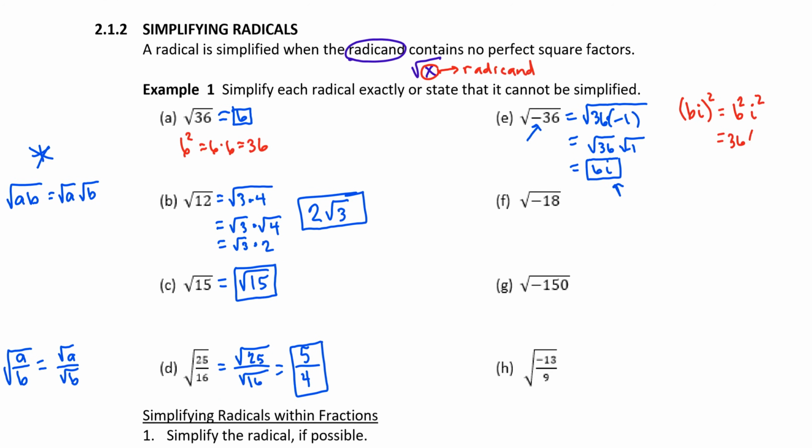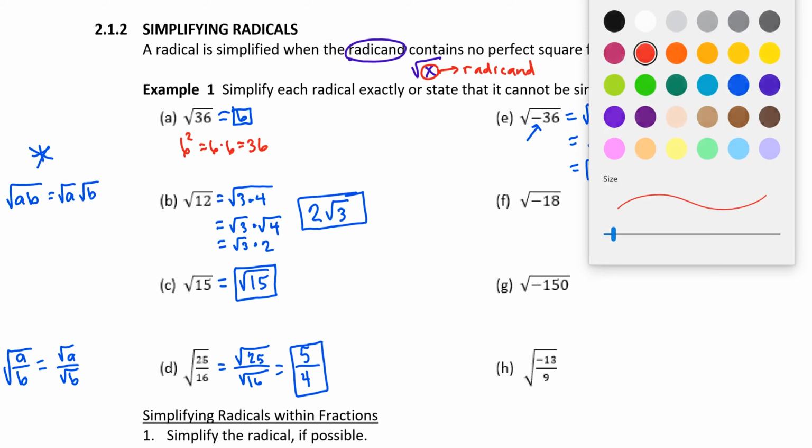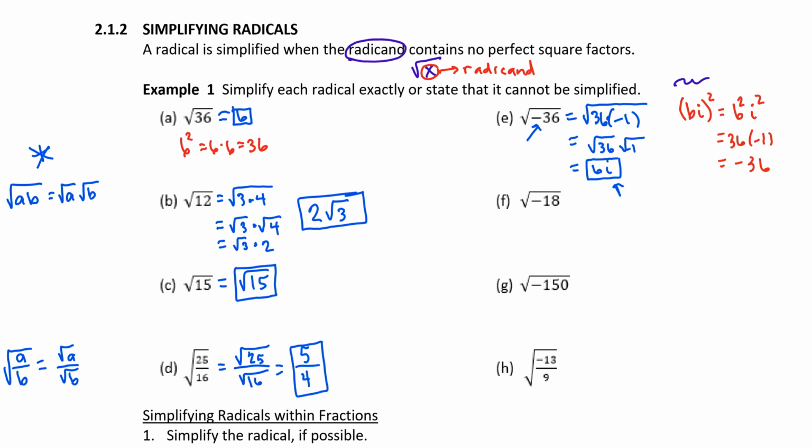So i squared gets replaced with negative 1, and 36 times negative 1 is negative 36. So notice we have squared an imaginary number, and it yields a negative number. Only imaginary or complex numbers do that. Real numbers do not do that. So the square root of negative 36 is 6i.